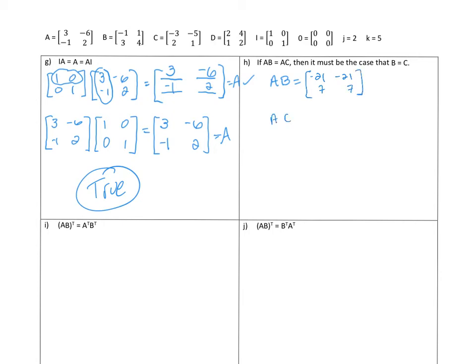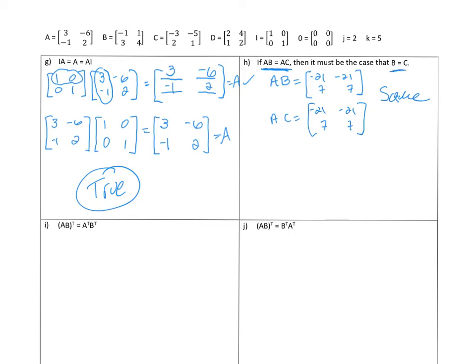And A times C, I've also done before. So they are the same. So it is true, in this case, AB equals AC.